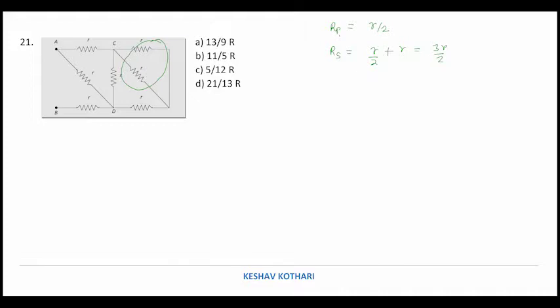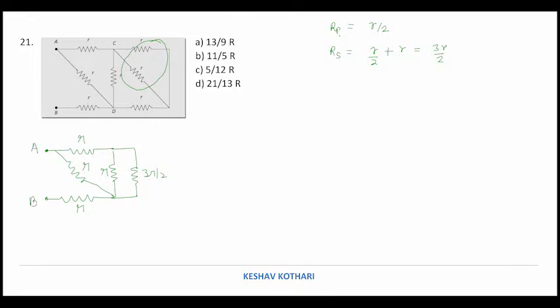Now the 3R by 2 value which we obtain can be redrawn in this way. Then this circuit is going to look like this. So this is 3R by 2, R, R, R and R. So this is how we redraw this circuit.